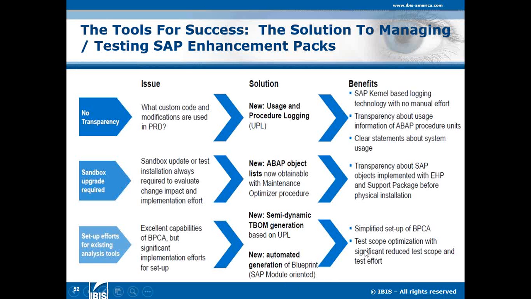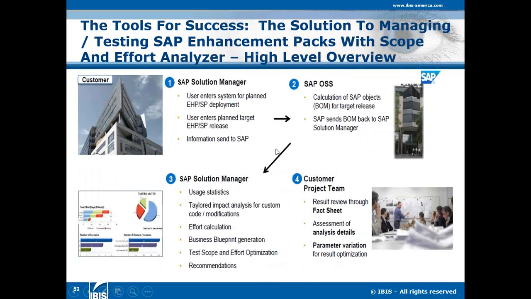Again, those are things that we can do with test scope optimization, and then obviously the BPCA, we can do some of the testing, more risk-based testing. So again, the solution to managing testing in SAP enhancement packs is really leveraging the tools available to you in Solution Manager, and then your testing solutions such as HP, SAP Tau, and then all the goodies associated with it.